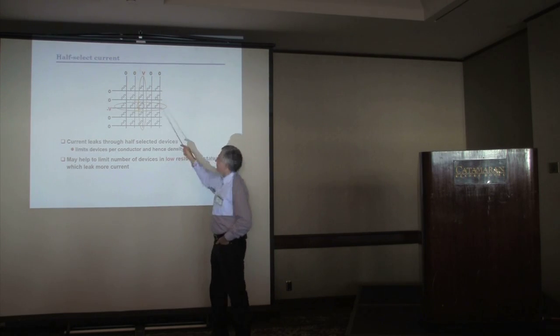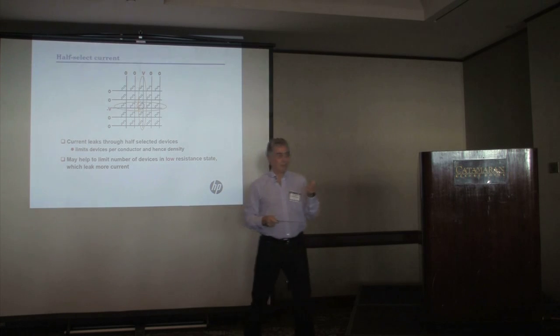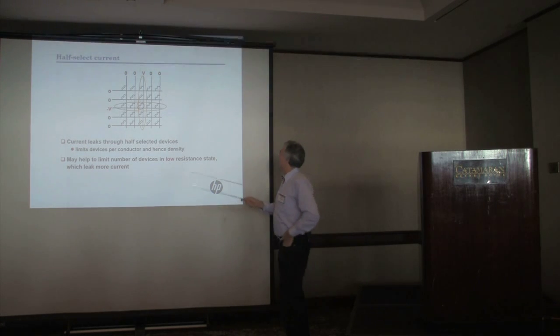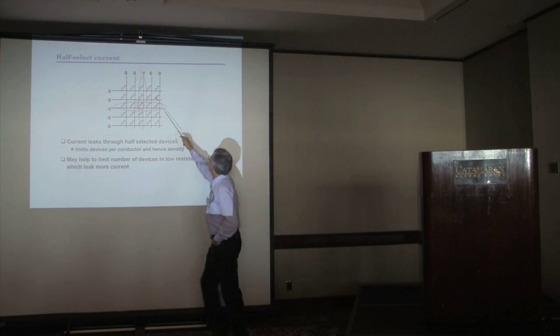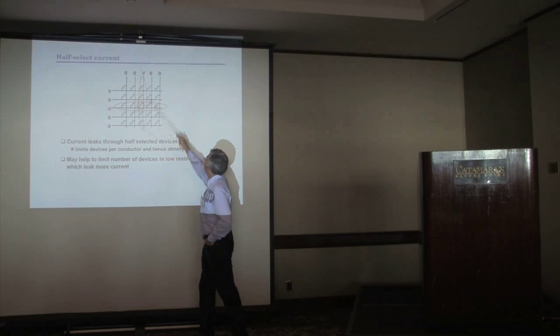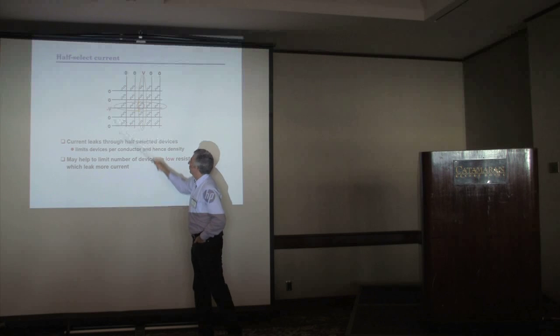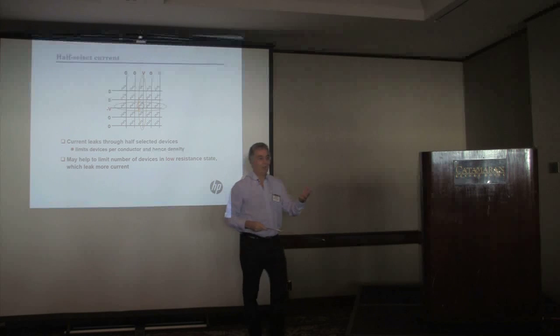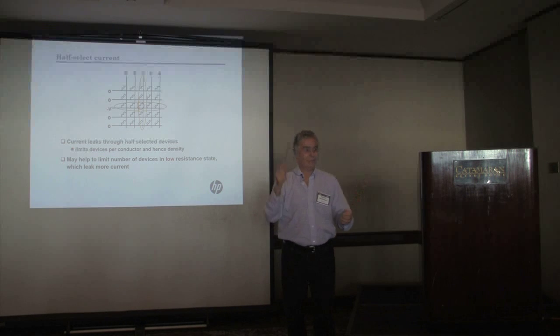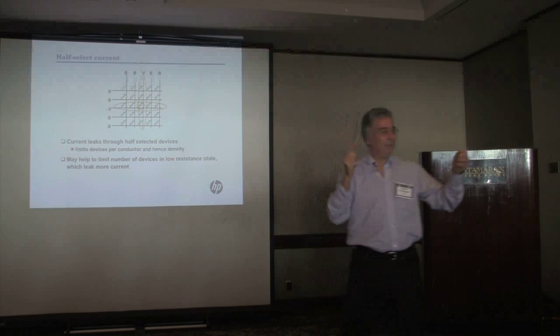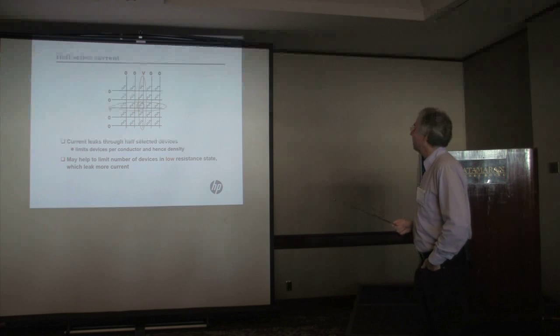memristor, I have to apply this voltage. I use some energy. But there are leakage currents. Because if I apply V in this column, there are all these sneak paths in which there is half the energy going. Instead of 2V, I have V as a potential.